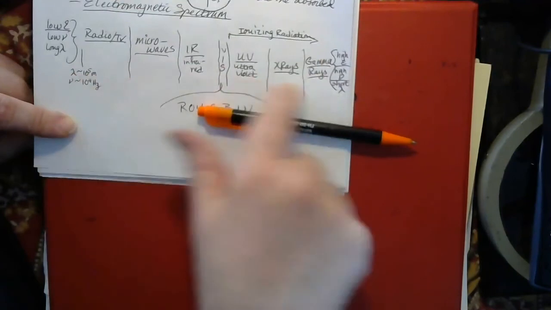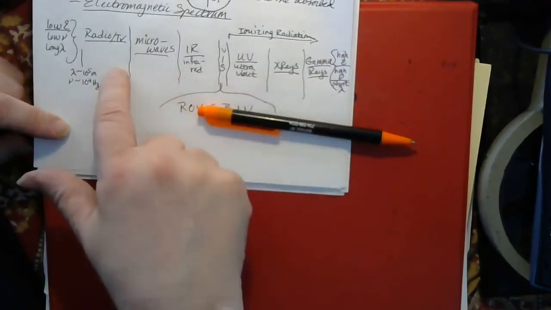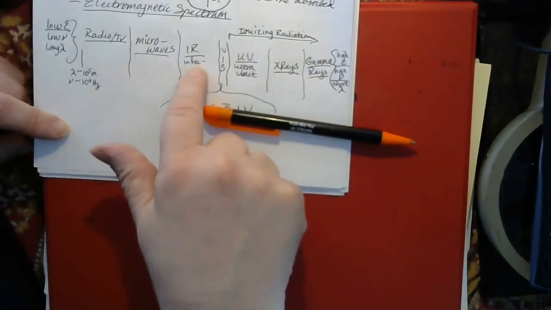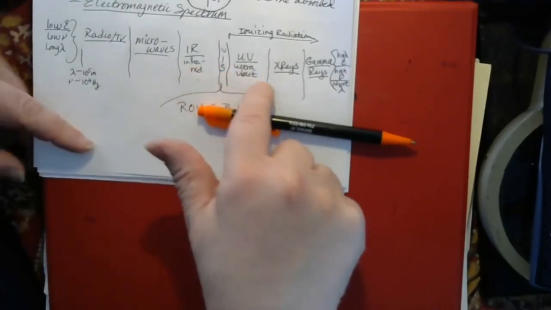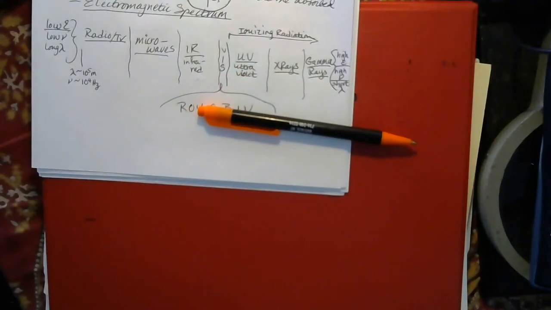In fact, the star produces all of these types of electromagnetic radiation: radio and TV waves, microwave, IR, of course, obviously visible light, and UV and X-rays and gamma rays. Fortunately, on Earth, we don't encounter gamma rays very often. Our combination of magnetic field and our atmosphere tend to filter out what gamma rays do make it here from the sun or other heavenly bodies.